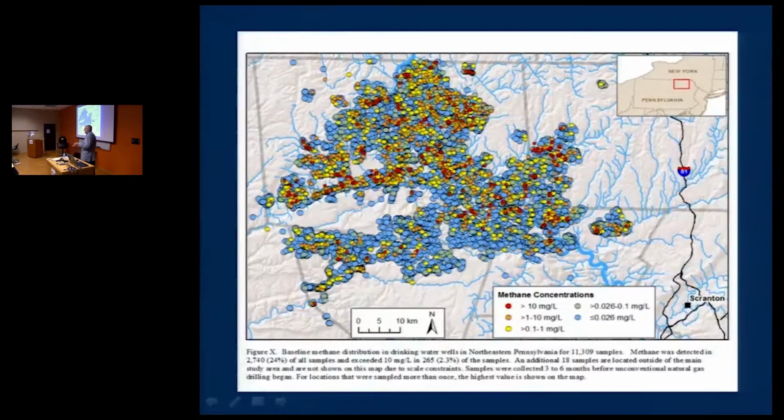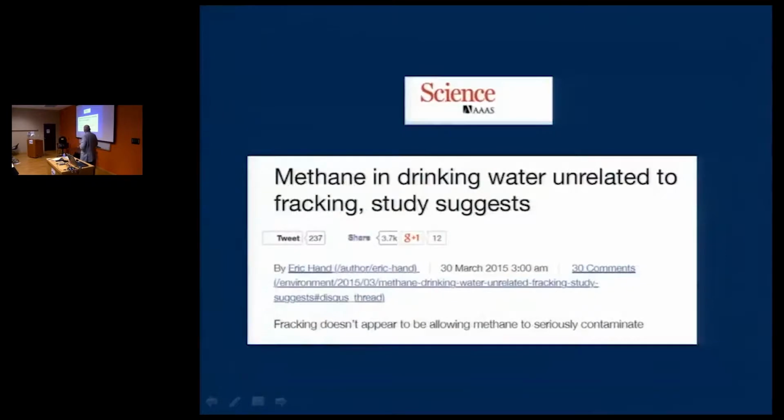So there's no sampling issue that I missed it. It was pretty clear. And from that, I came to the conclusion that there's no evidence that drilling gas wells in Pennsylvania, where people had thought there would be a lot of problem, there's actually no evidence to suggest that you have more methane in drinking water from the drilling than elsewhere.